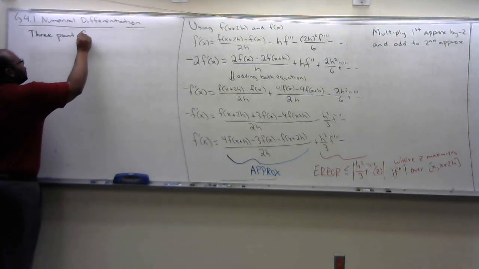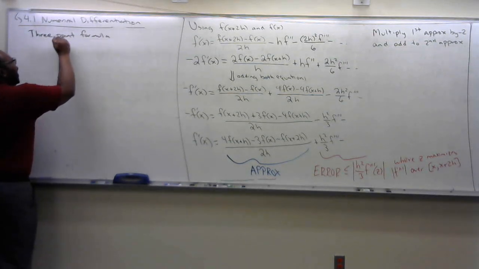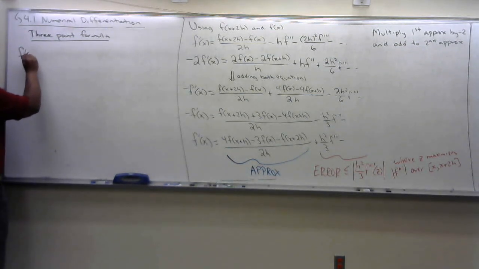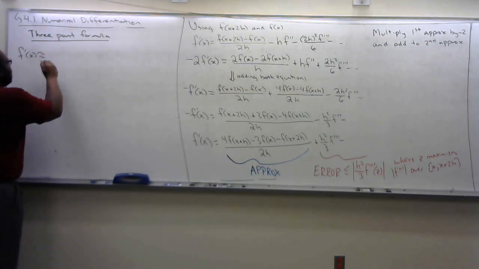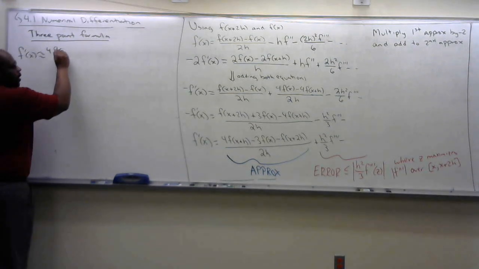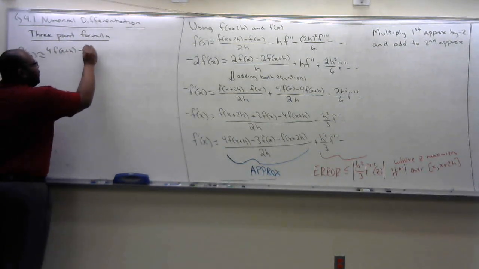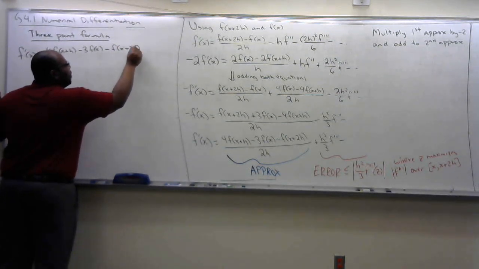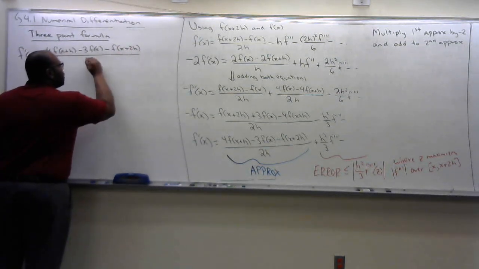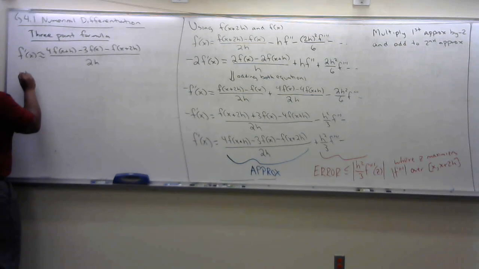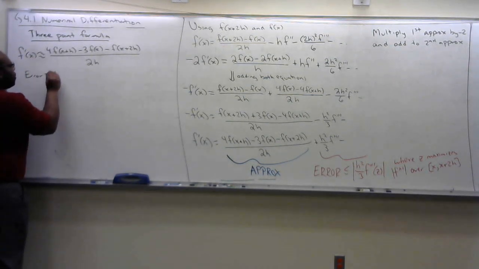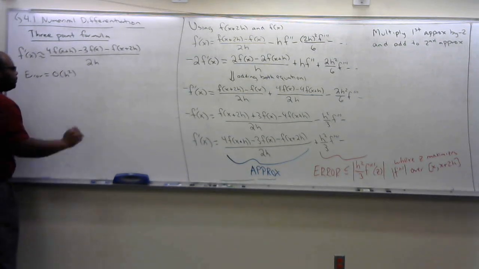It has better accuracy, and it also uses fewer points. But let's put that. f prime of x is approximately equal to 4 times f of x plus h minus 3 f of x minus f of x plus 2h, all divided by 2h. And it has an error that is essentially big O of h squared.